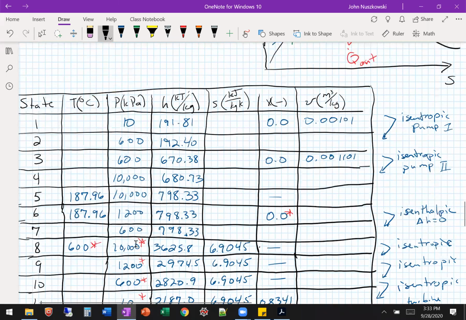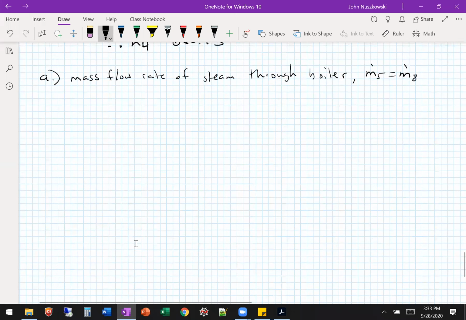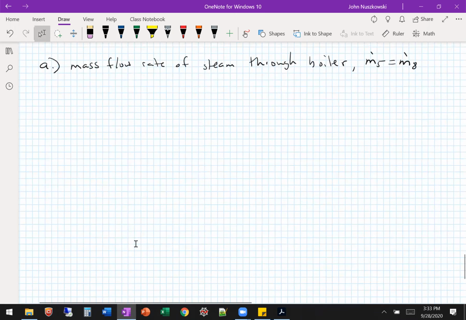Load up, here we go. All right, so in this case, you have work net out because mass flow rate is at 5, okay?